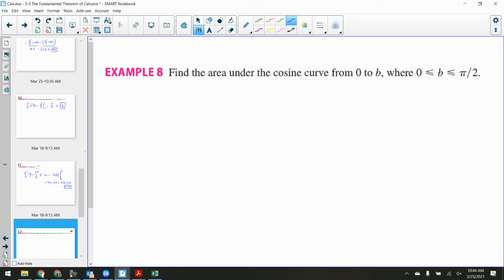So honestly, here's what we need to do, where the notation says do this. Dx, whoops. What's the antiderivative of cosine? Negative sine. So this is going to be negative sine of x from 0 to b. I didn't write the negative in there. That's wrong, right?